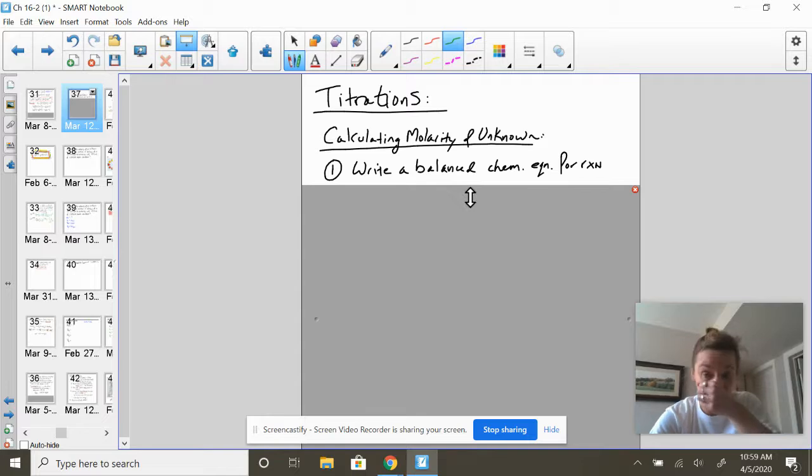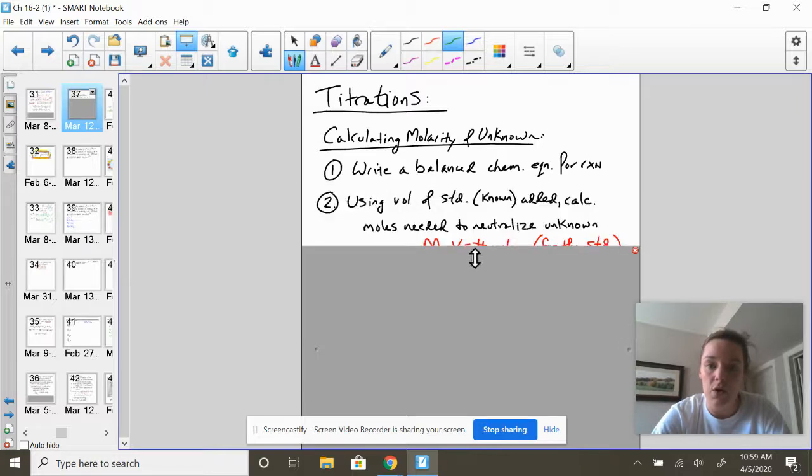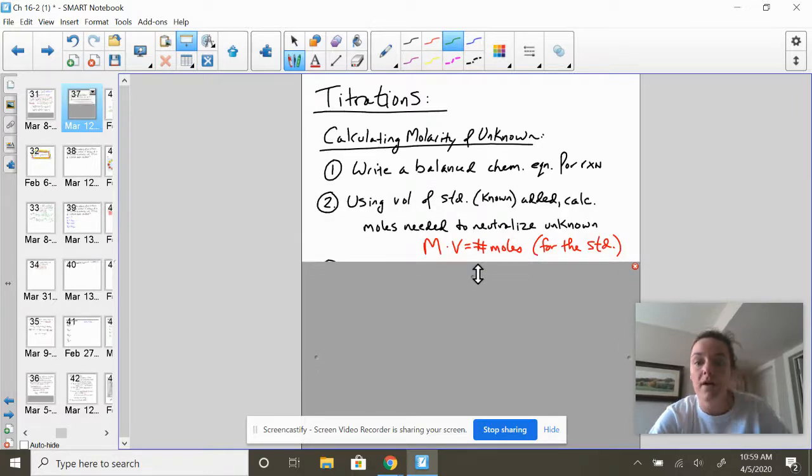As always, the first step is to write a balanced chemical equation for the reaction. Then you're going to use the volume of the standard known. You know the concentration and you know the volume of your known standard, and you need to use that standard to neutralize the unknown.